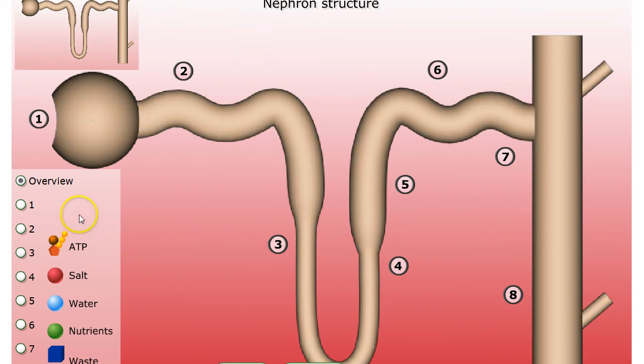If you look at the legend on the far left, things that we're going to see include ATP, salts like sodium and potassium shown in red, water shown in white, nutrients like glucose and amino acids, things your body needs to use, shown in green, and then waste products like urea shown in blue.